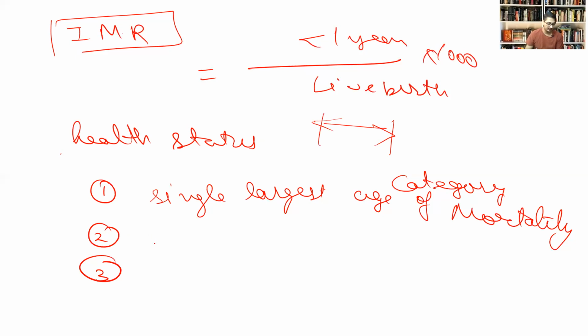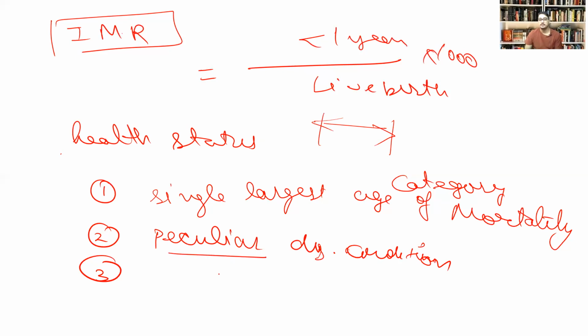Second aspect is that it is caused by certain peculiar diseases and conditions, to which the adult population is not exposed. So in a way, for research purposes, it can be useful.